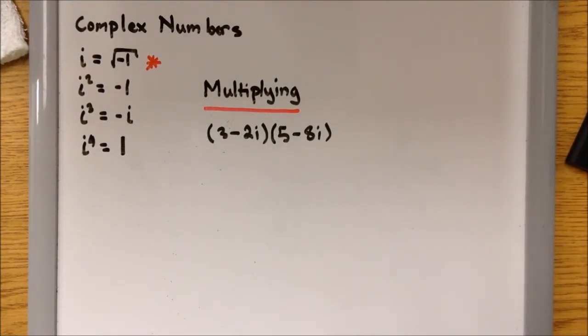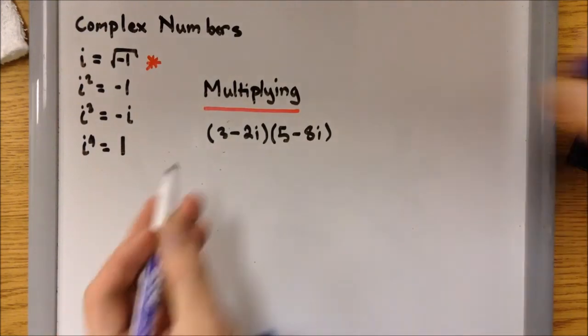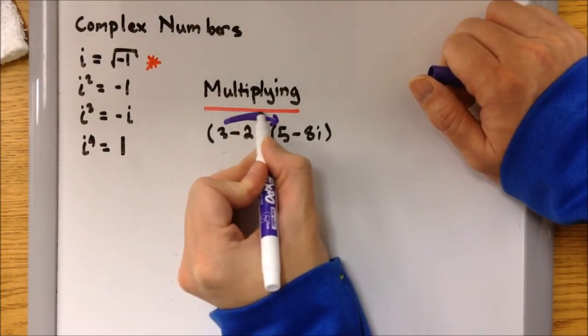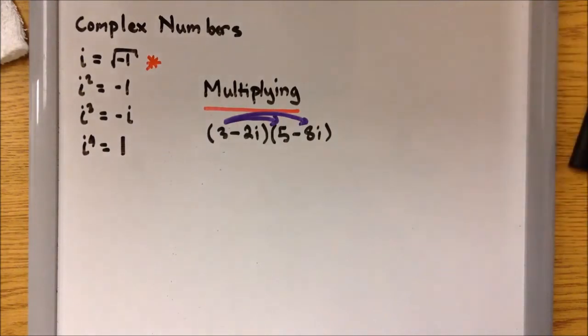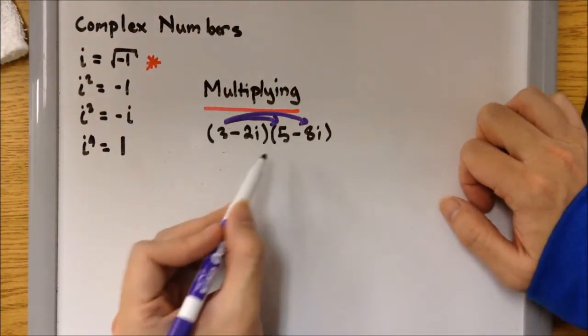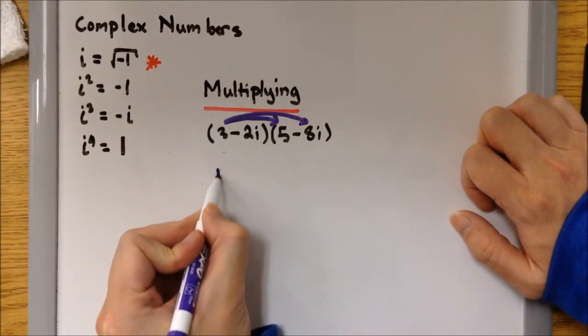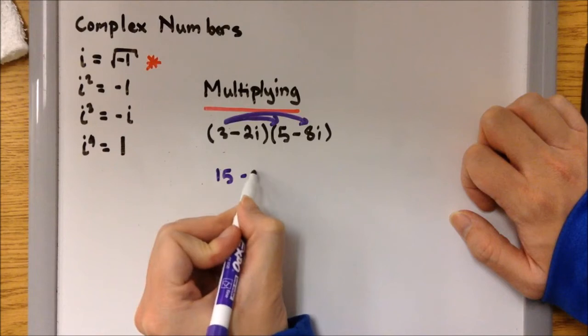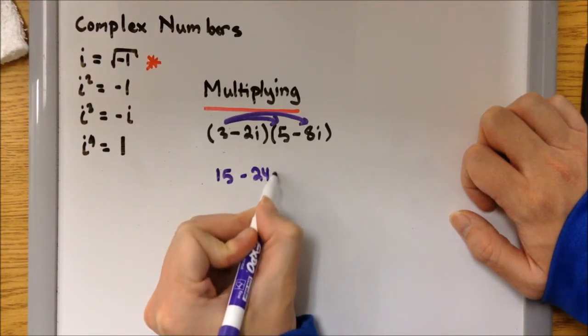So we have 3 minus 2i times 5 minus 8i. So again, we're going to FOIL. The first half of FOIL is the 3 to the 5 and the negative 8i. So 3 times 5, that's going to be 15. 3 times negative 8i will be negative 24i.